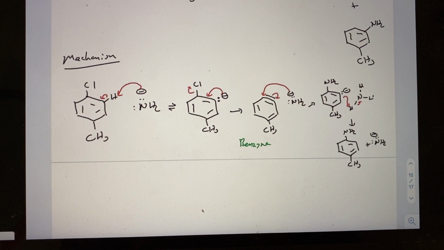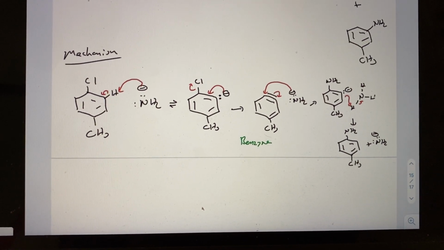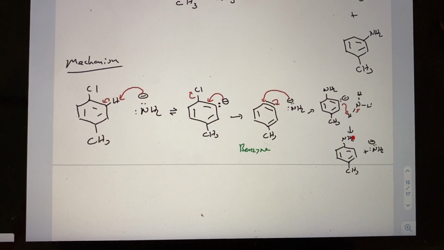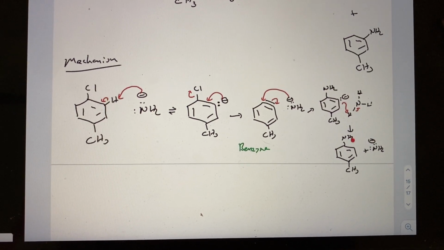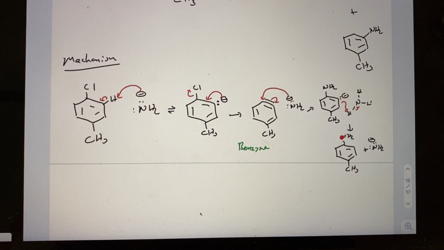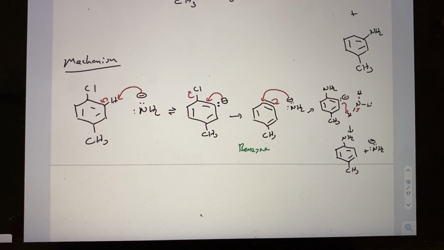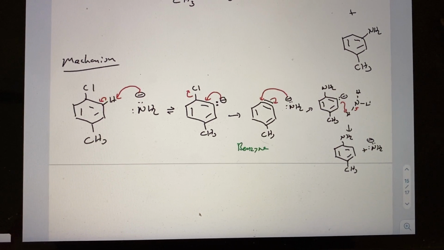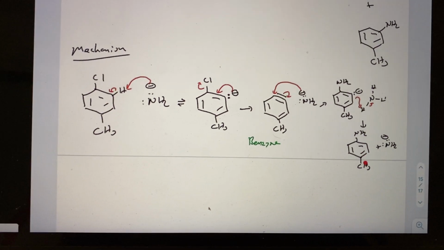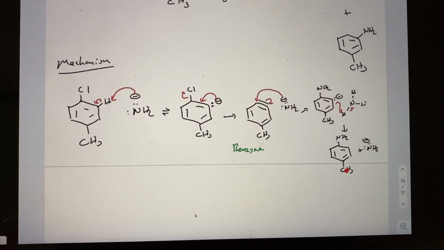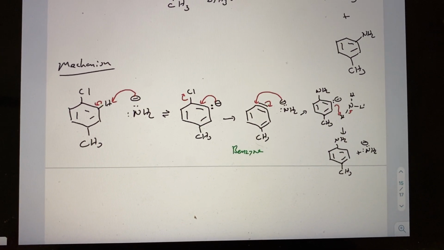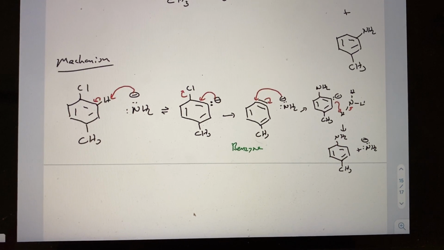And now this product here could have pulled this proton off here to form NH minus, which is why we would add acid in the end. So we'll have some acid-base chemistry that we don't want happening, just like above. So now that explains the product where the amino group was in the same place as the chloro.